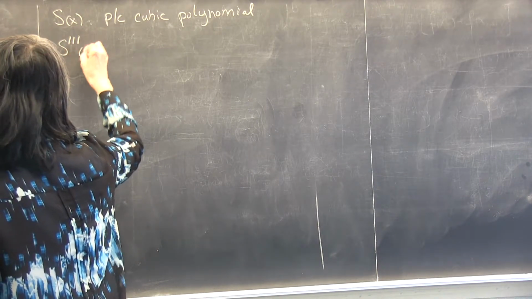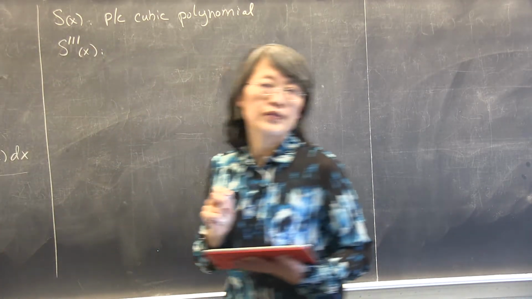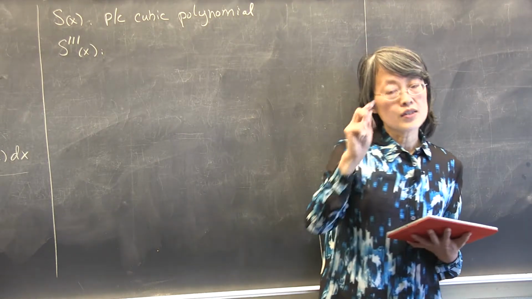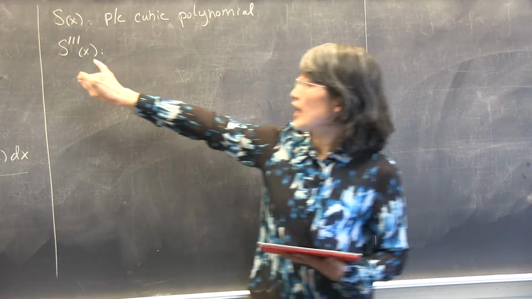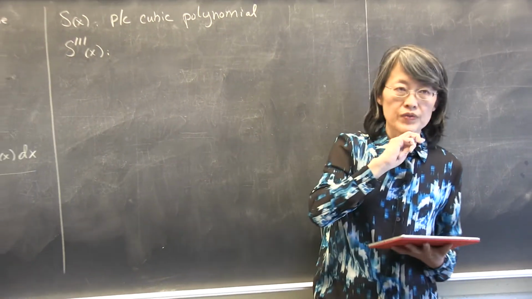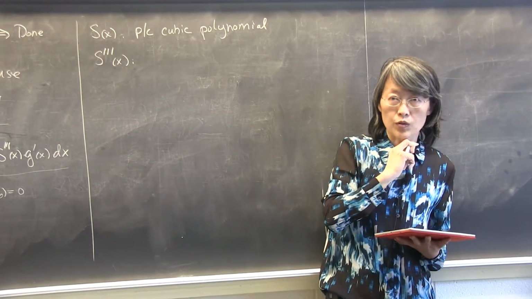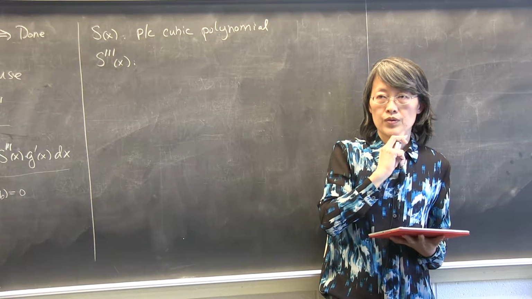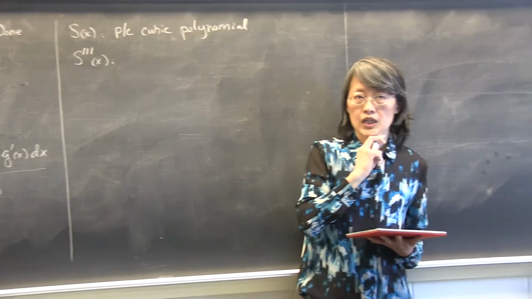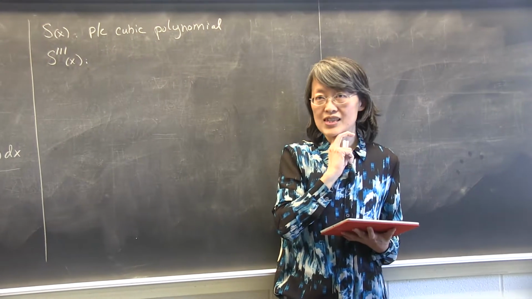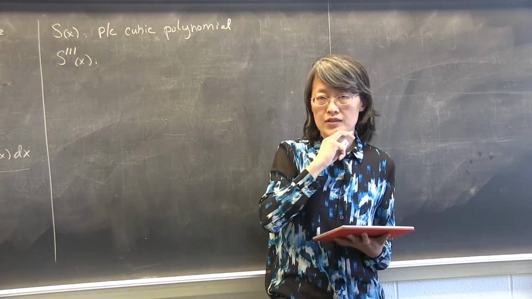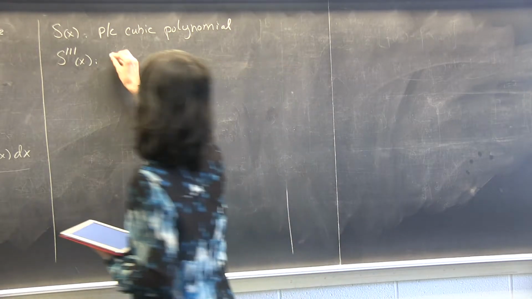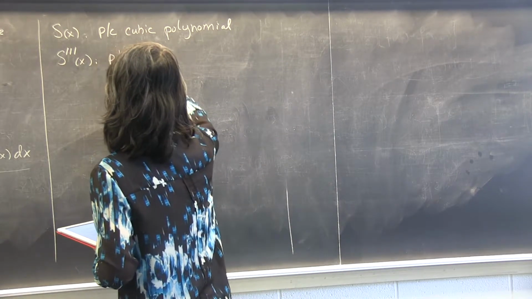So what can we say about S triple derivative? On the interval from ti to ti plus 1, each little subinterval, what is the third derivative of a cubic polynomial? It's going to be a constant. Do we all see that? This, in the end, is a piecewise constant function.